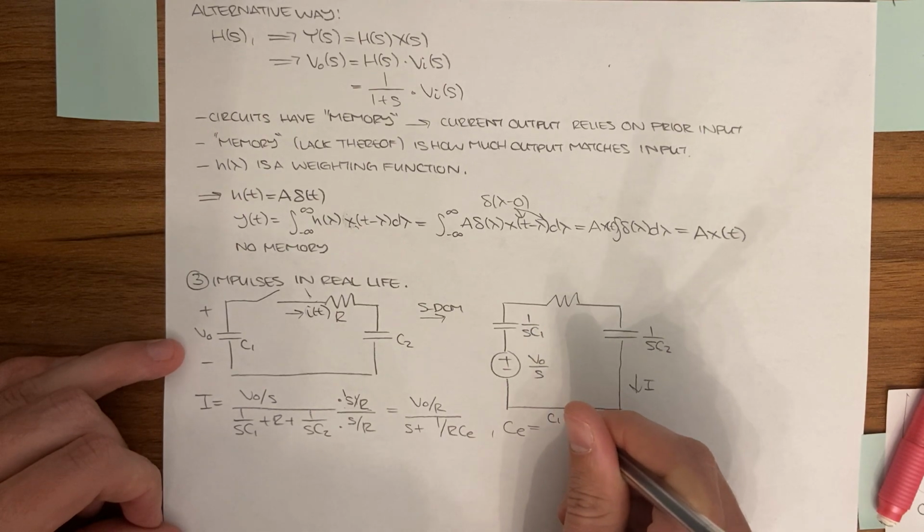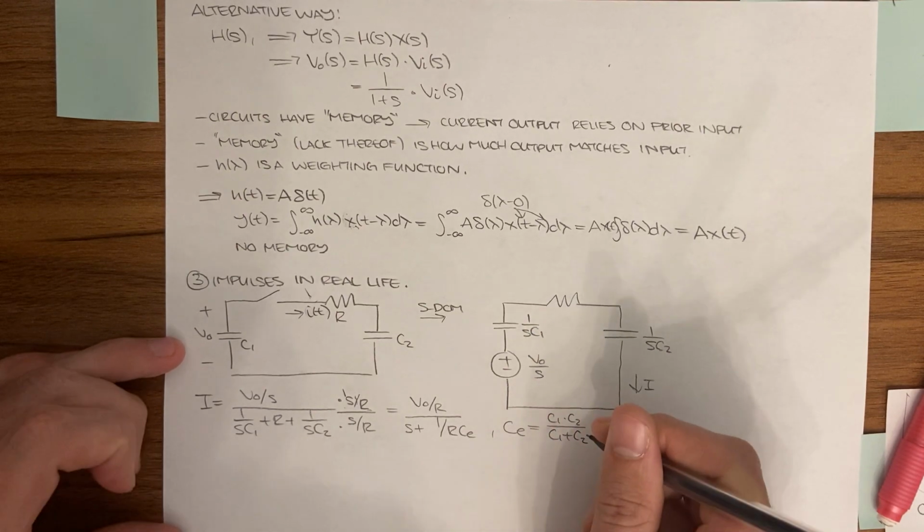So that's C1 times C2 over C1 plus C2. Okay.